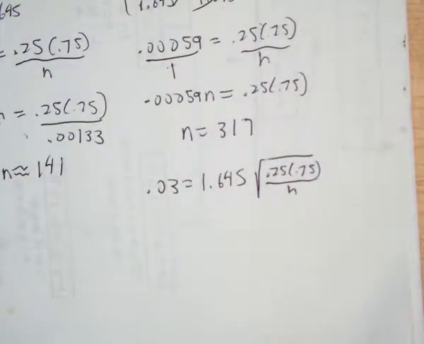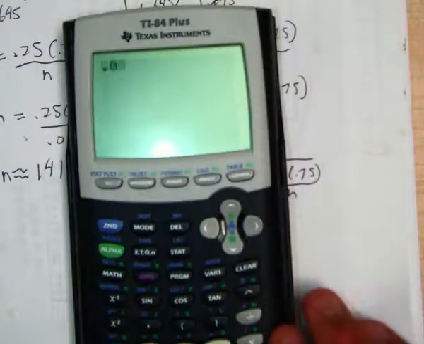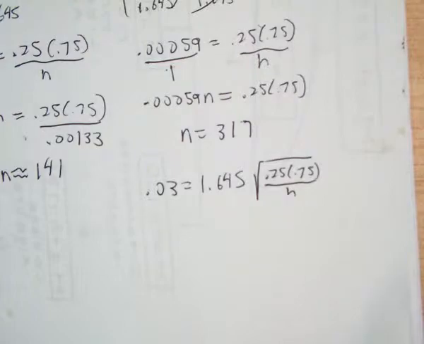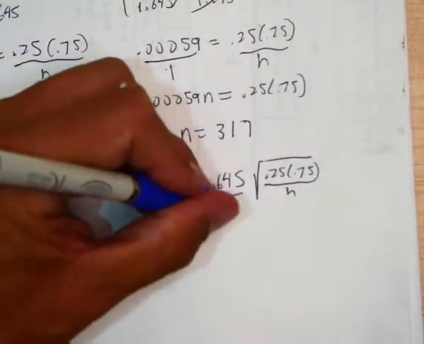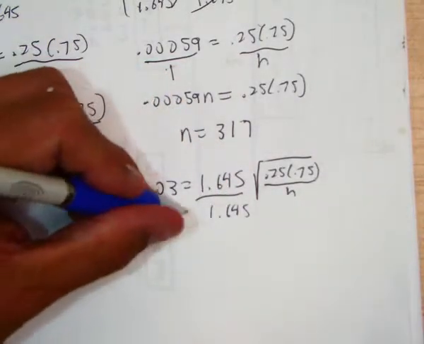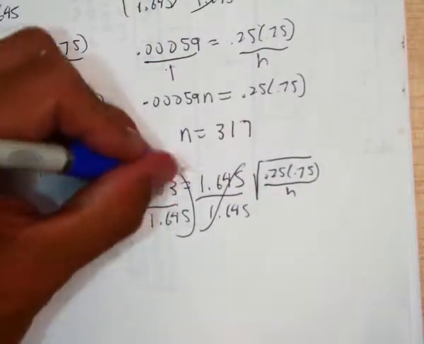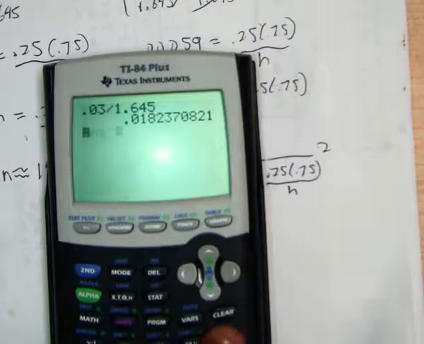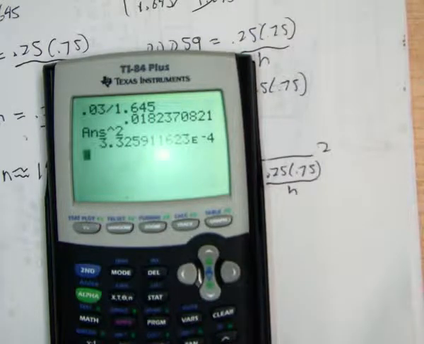We divide 0.03 by 1.645, then that square root is gone, so we square both sides. And again, you get 3.33 e to the negative fourth, so that's really 0.00033.